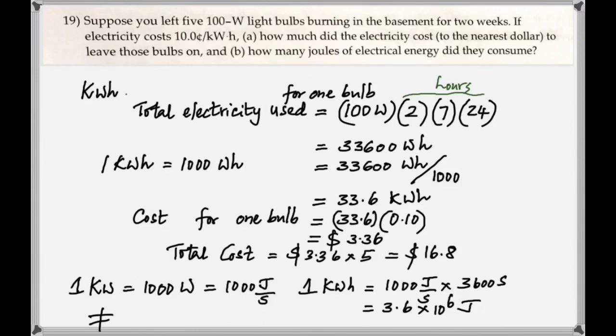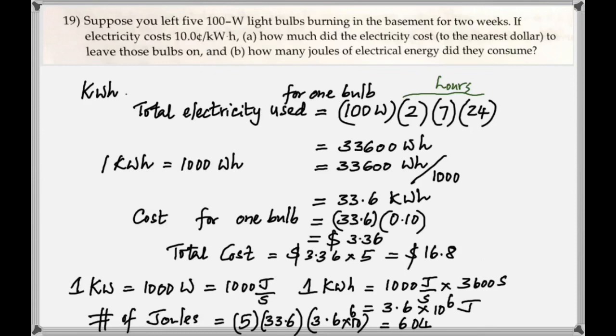And since we know that we use 33.6 kilowatt hour, just multiply that with that quantity. So number of joules is just 5 times, again, there are 5 bulbs, that's why I had to multiply it with 5. And you get this huge number in joules. That's how you do it.